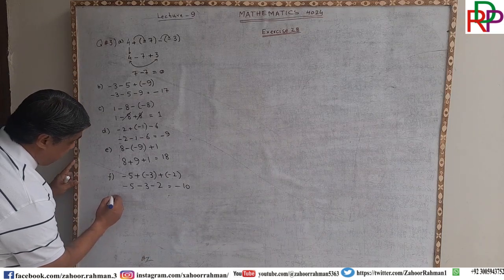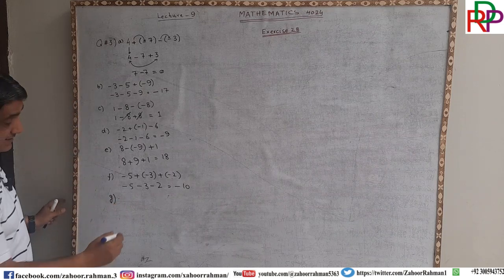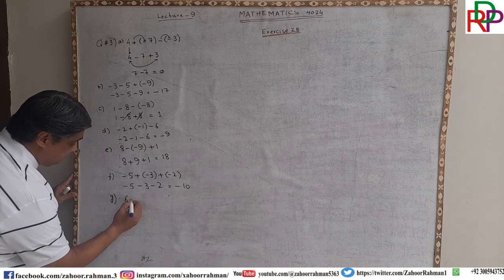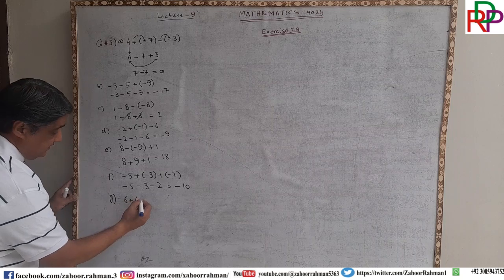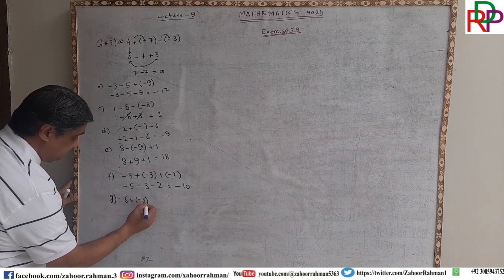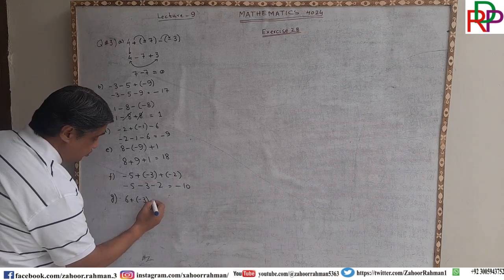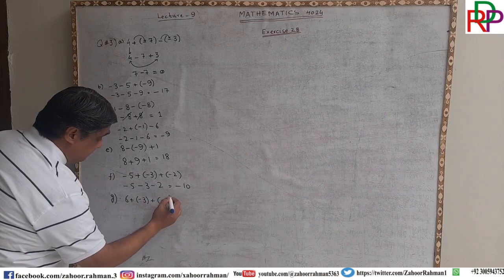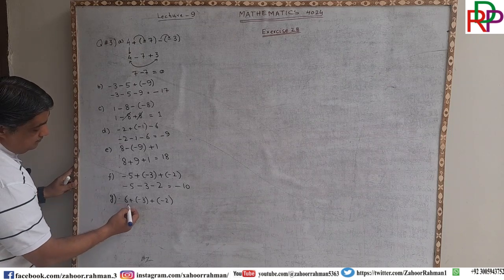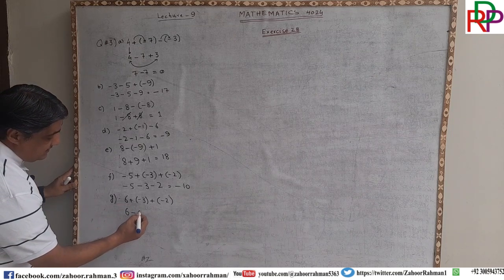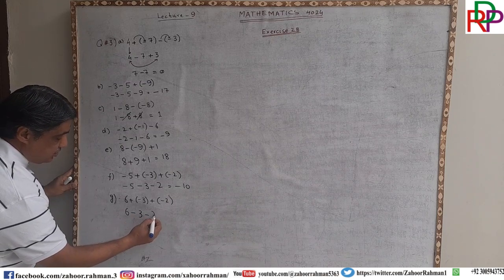Now G number part. We will do G number part, and that is 6 plus, and then it is minus 3, and then it is plus minus 2, plus minus 2. So 6 minus 3 minus 2.